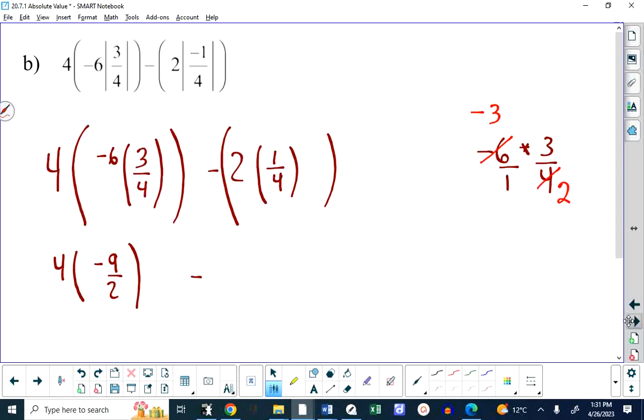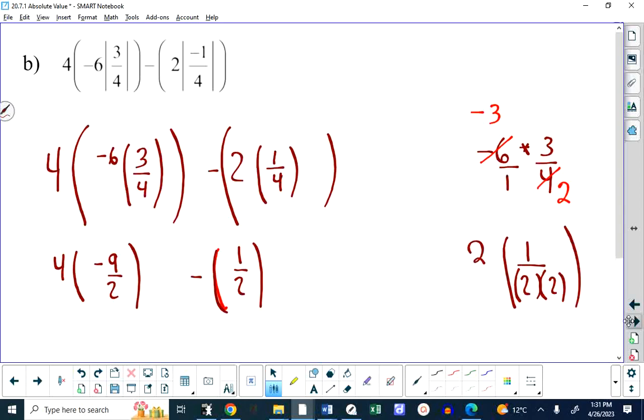So multiplying across the top is negative 3 times 3, and across the bottom is just 2. 2 times 1/4 is 1/2, because 2 has a factor of 2 in it and 4 has a factor of 2 in it. I don't really believe that I should have to, nor should you have to write this out to understand why we get 1/2. Nevertheless, there it is.